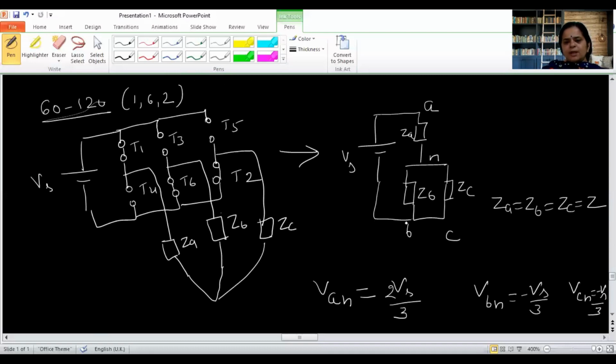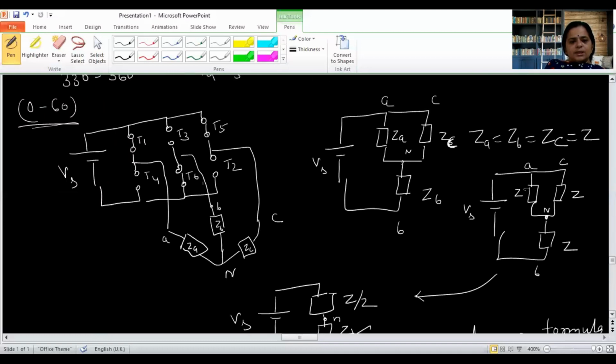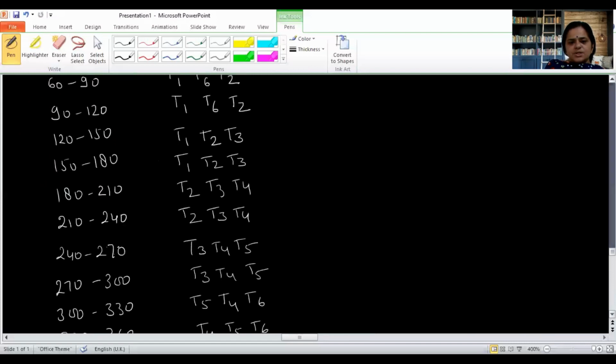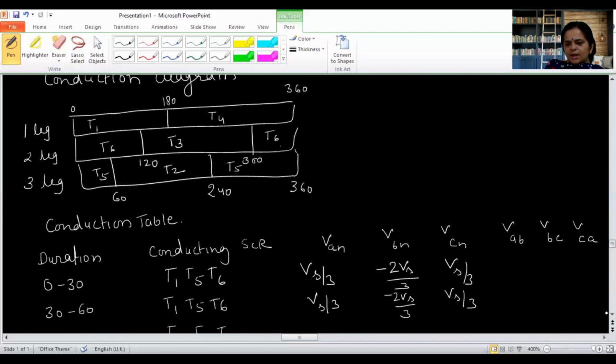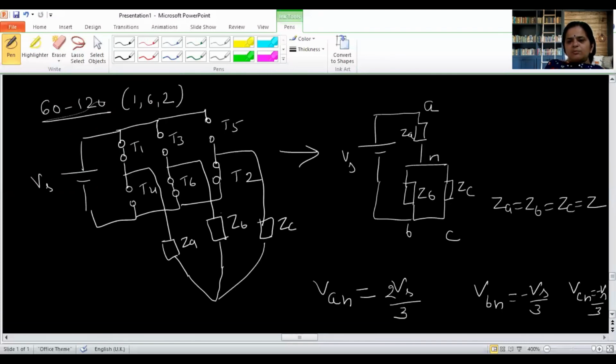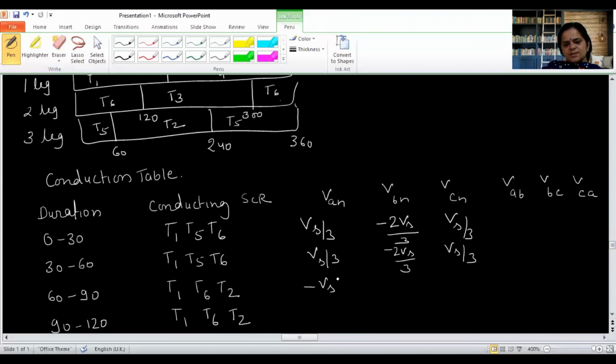Because VNB will be Vs by 3 and VNC will be Vs by 3. But when we write VBN, that will be minus Vs by 3, as we calculated by the voltage division formula in the duration 0 to 60. So now this is minus Vs by 3, this is minus Vs by 3 and this is 2 Vs by 3.